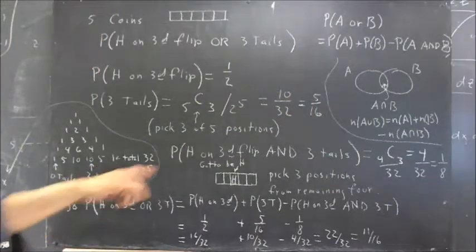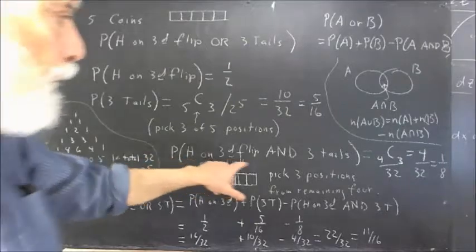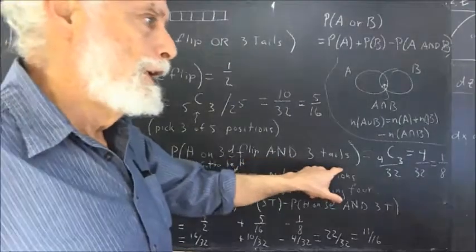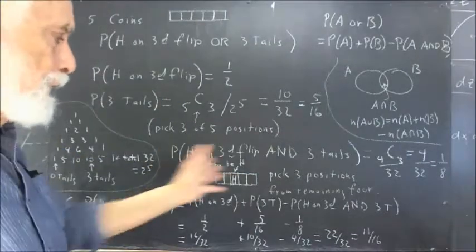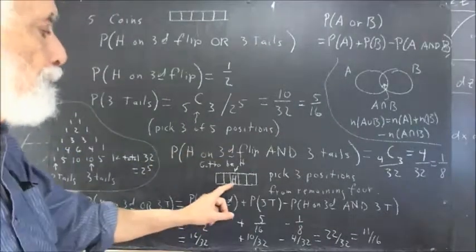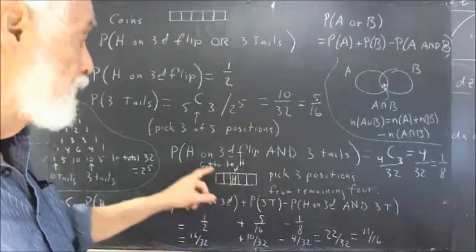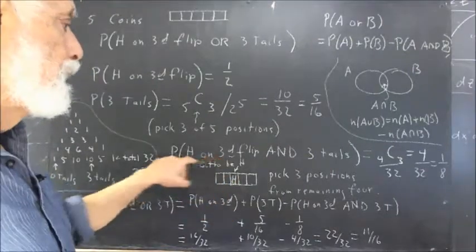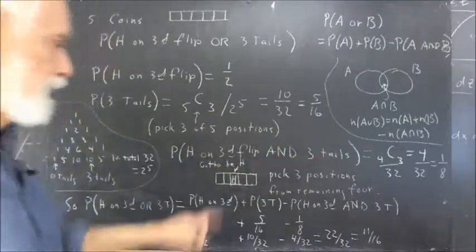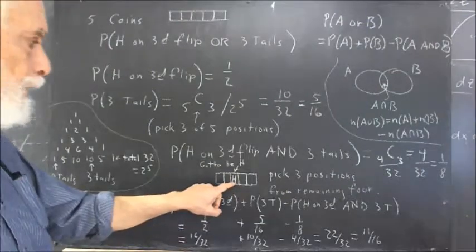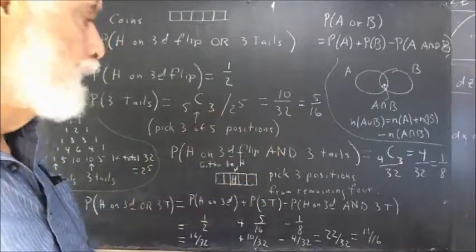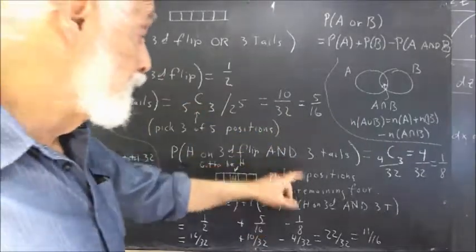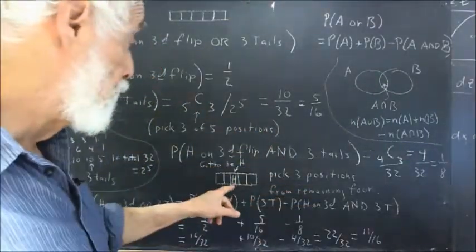Okay? Now, what's the probability of getting a head on the third flip and getting 3 tails? Well, we can draw 5 slots again, which we've got to fill with heads or tails. This one has to be a head because we're saying we get a head on the third flip and 3 tails. So the head has to be there on the third flip. Well, that leaves us 4 spaces to fill with 3 tails. So we got to pick 3 positions from the remaining 4. We fill 1 with a head.